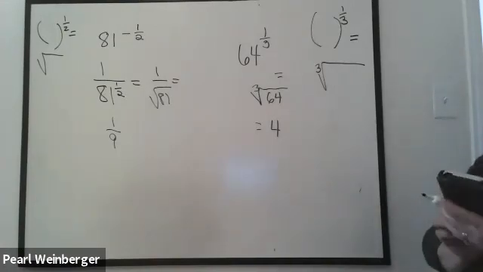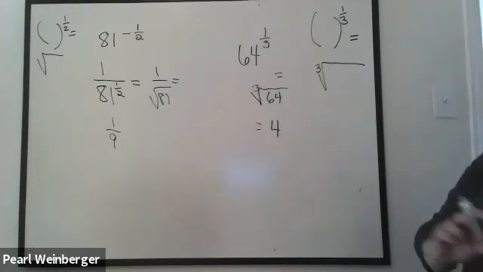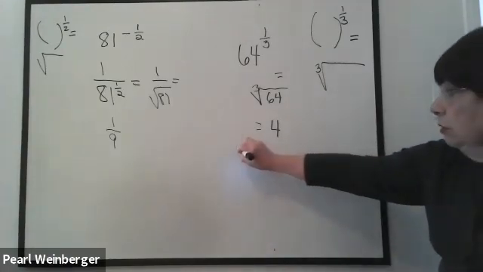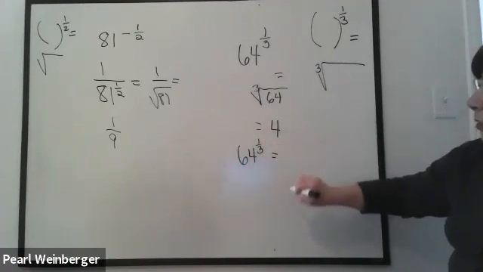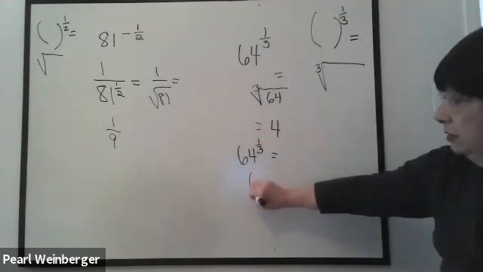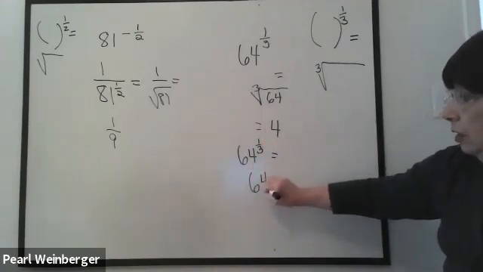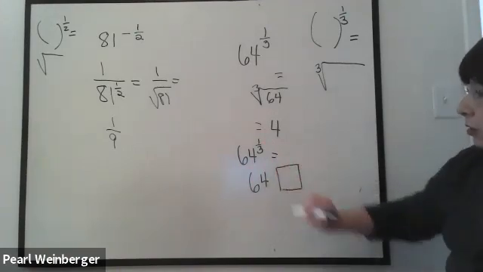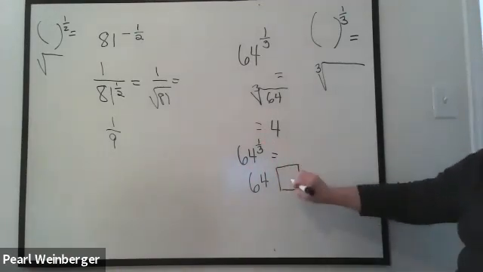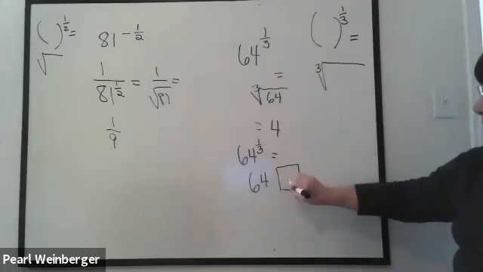If you have your calculator, it's very easy to do 64 to the 1/3 power. What you put in is your 64 and you press your exponent button, because this 1/3 is an exponent.